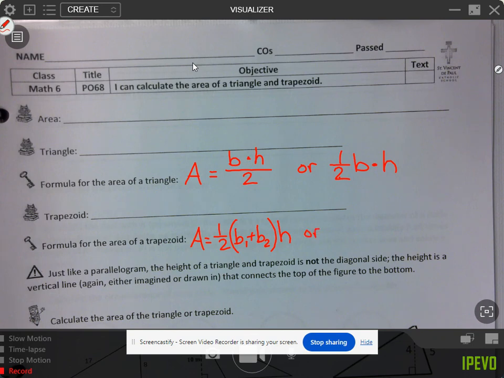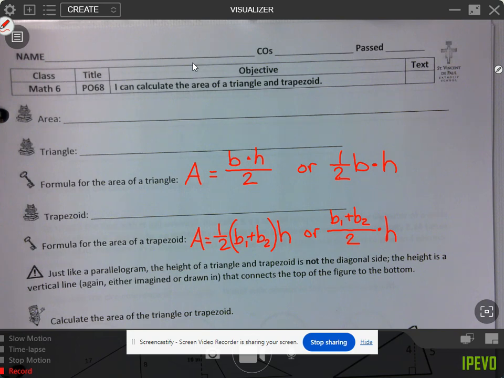Or, just like with the triangle, we have 2 different ways. You could say base 1 plus base 2 divided by 2 times that height. They mean the same thing. You're going to take a half of the base 1 plus base 2, and then you times it by the height.